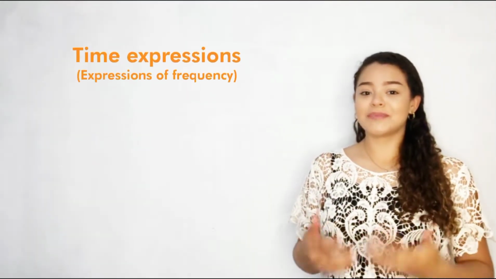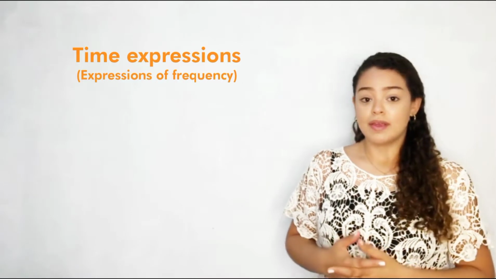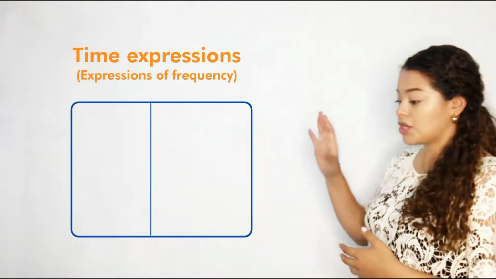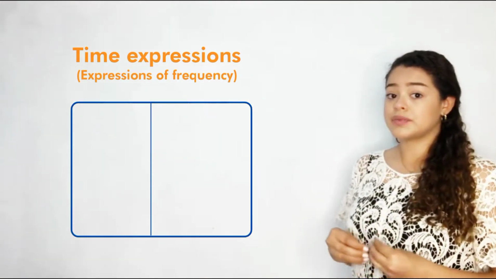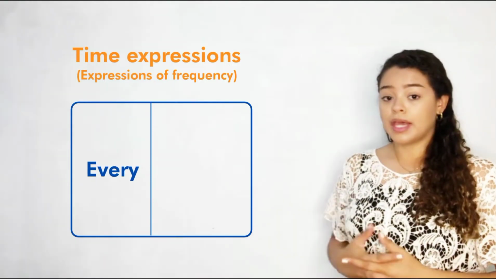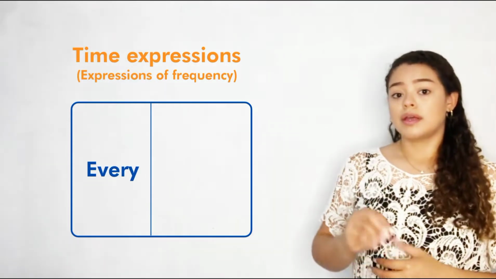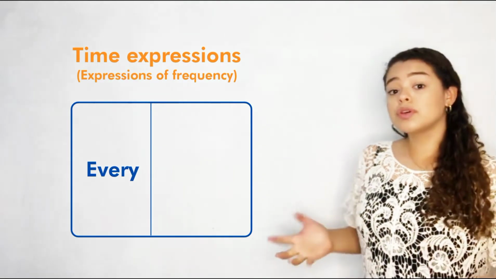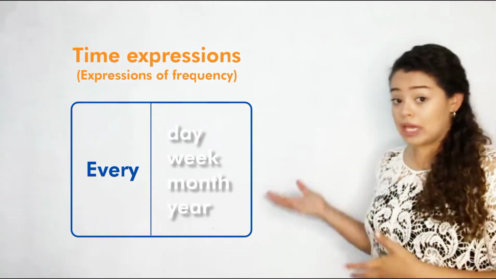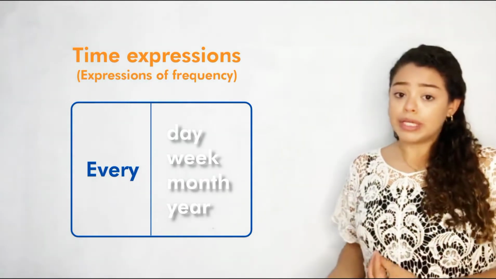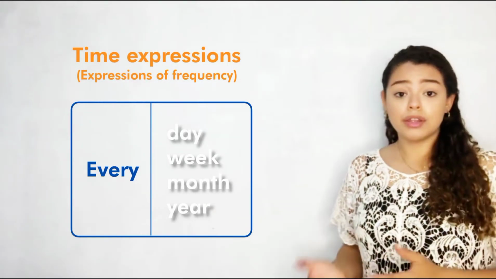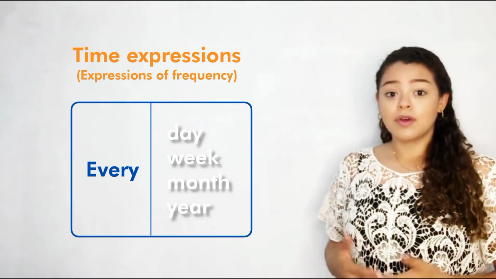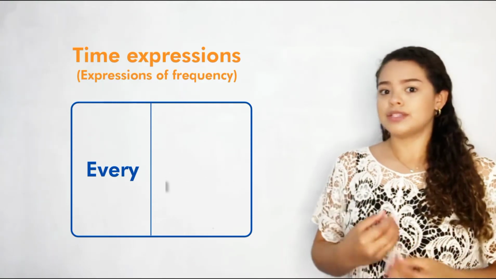Now let's talk about time expressions or expressions of frequency. You are going to see over here a chart. The first one is with every. Okay, this is the main word. And then the secondary words are up to you. So you can say every day, every week, every month, every year, or even you can add a day to that.